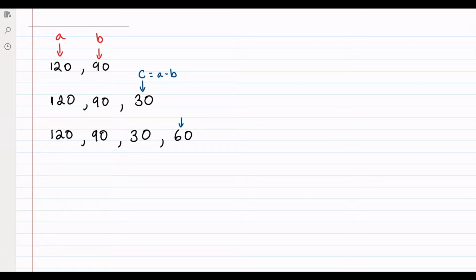So as soon as I did this, my 90 and 30, my A and B variables, would have to switch, right? So A and B would become 90 and 30, and then this one would still be my C value, which is going to be A minus B. So C is always going to be A minus B, but I need to swap A and B every iteration. Okay. So how am I going to do this?